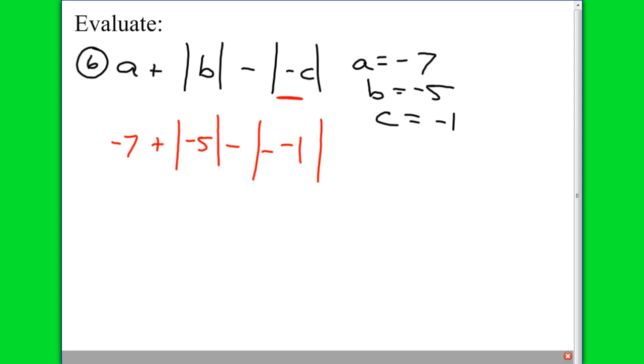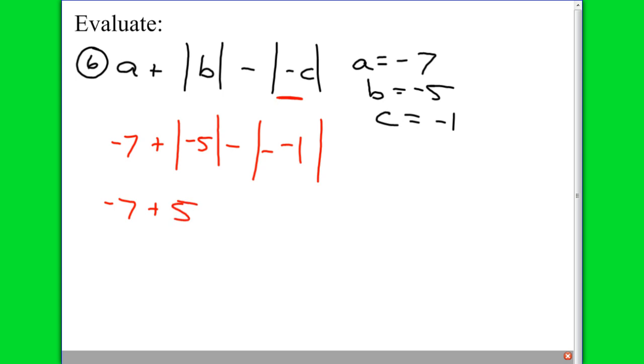So let's start with, we've got to simplify using order of operations. Say simplify what first? Parentheses or grouping symbols, right? Absolute values are grouping symbols. So I'm going to bring this down and wait for the other stuff to get simplified. The absolute value of -5 is? 5. Okay, do it really carefully, step by step.